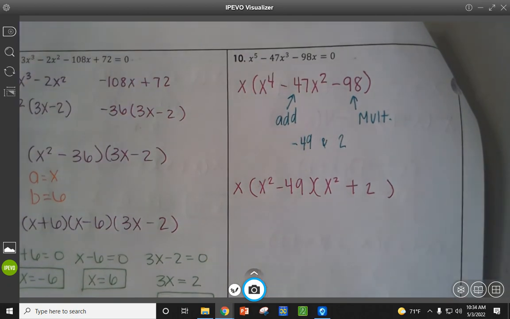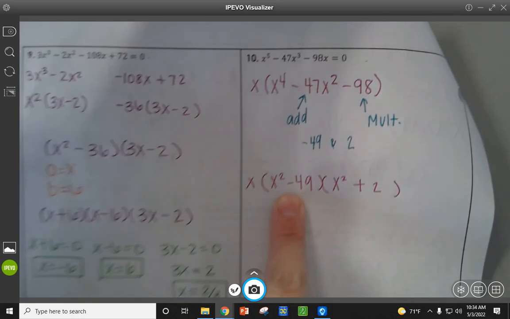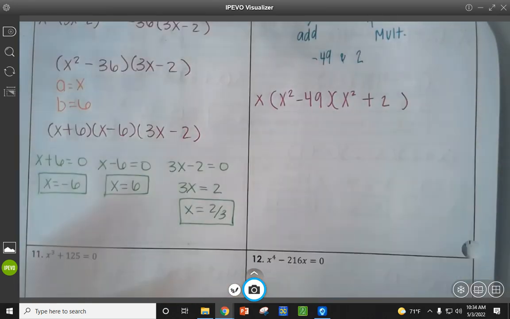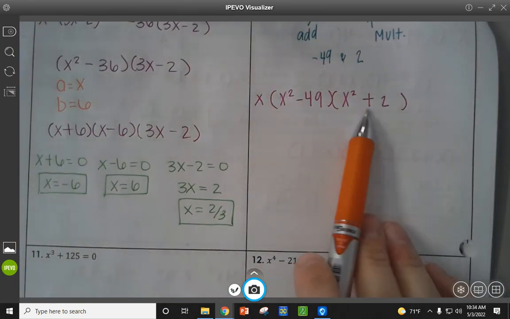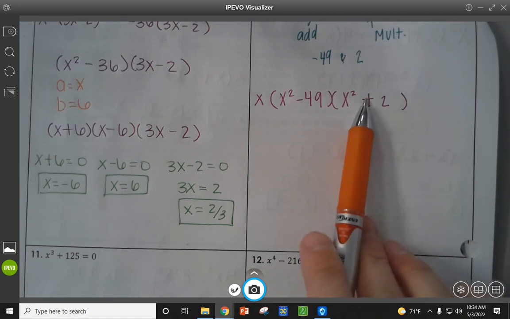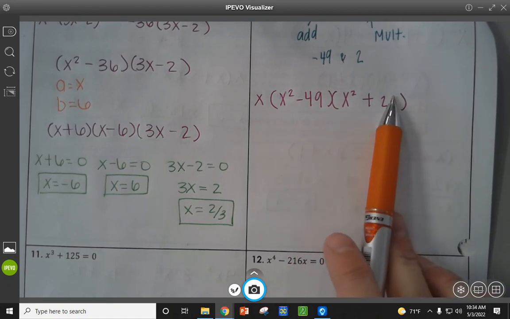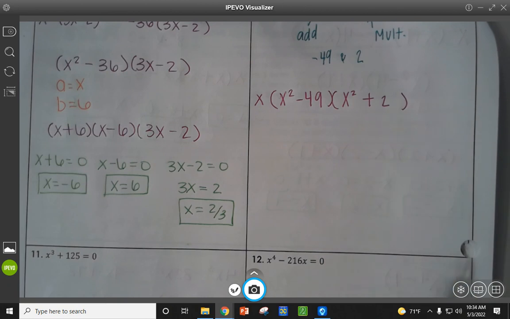Can any of those be factored down? Yes, they're both perfect. x squared minus 49 is a difference of squares. This one is nothing because, first of all, it's a plus, and 2 is not a perfect square.